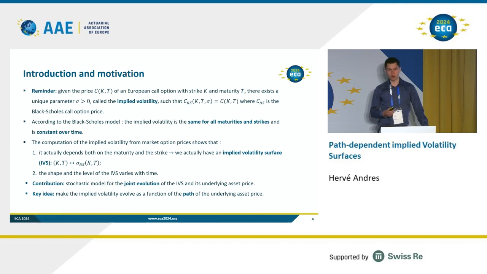So our contribution, the problem that we are addressing, is simulating jointly the full implied volatility surface and the underlying asset price under the real-world probability measure. The key idea, inspired from the stylized fact that I described before, is to make the implied volatility dependent on the past path of the underlying asset price.